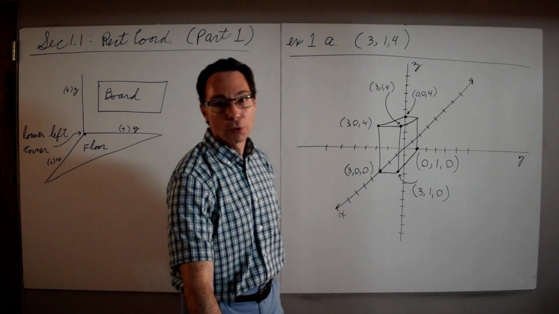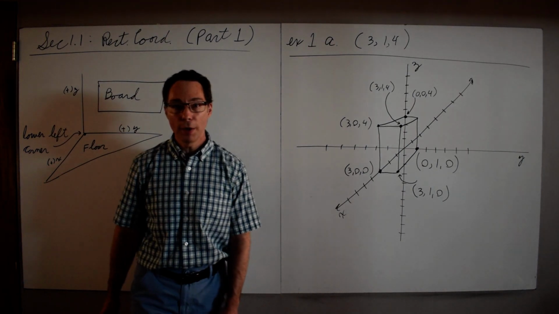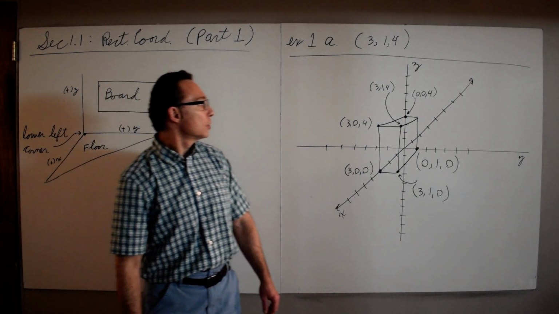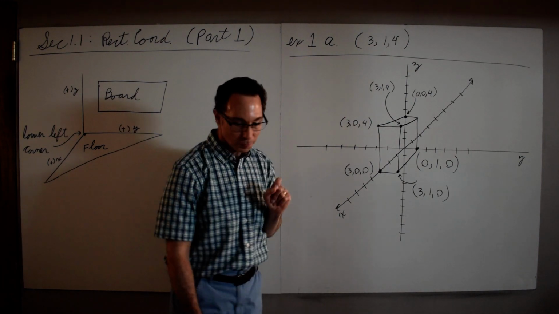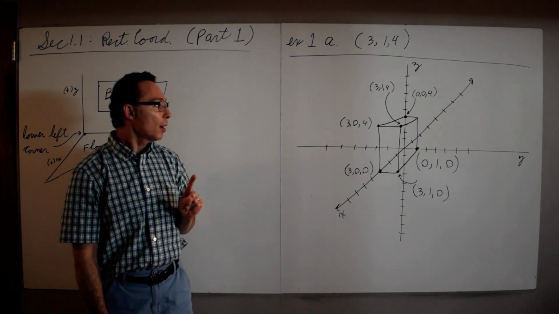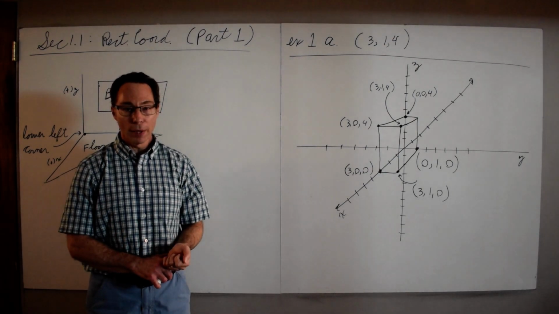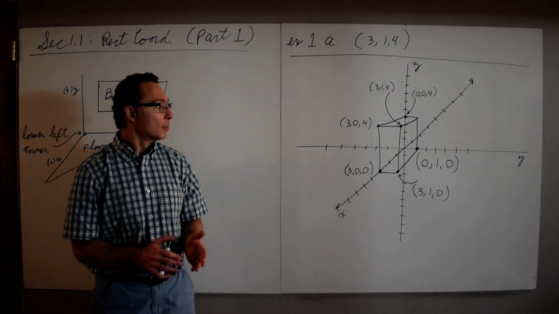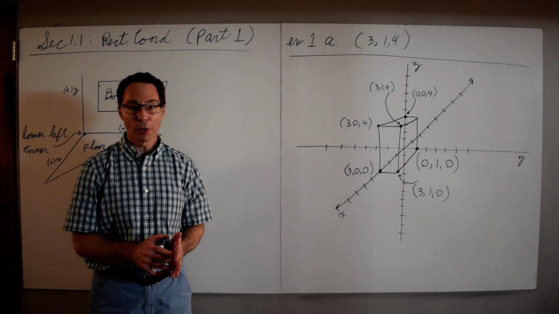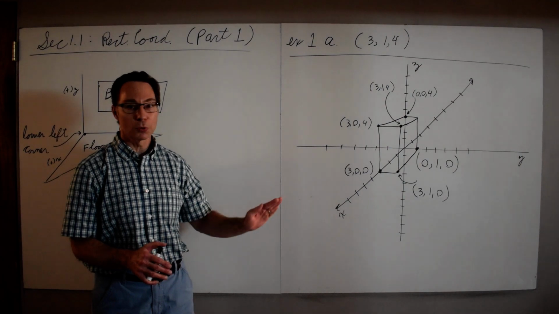I'm also going to look at part A of example 1. Part A of example 1 is to plot the point (3, 1, 4). Now, plotting a point with three coordinates on a board, you're trying to plot something three-dimensional on a two-dimensional surface.